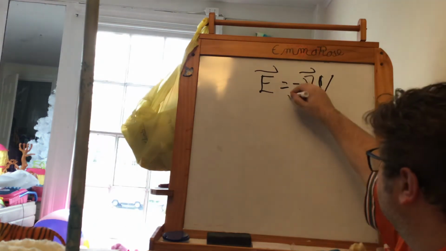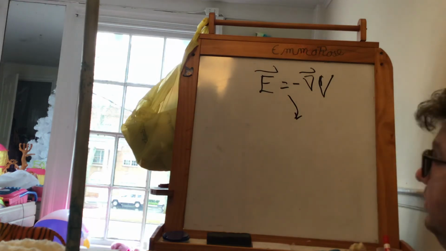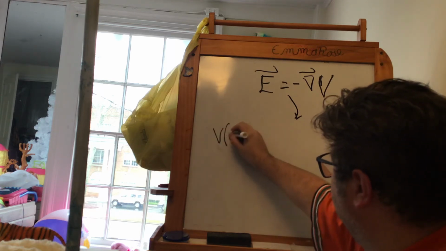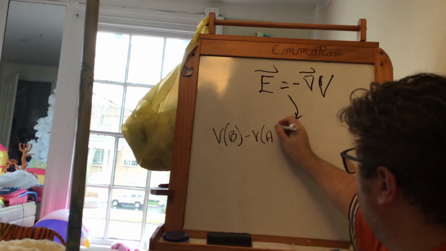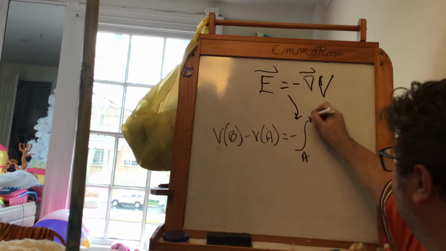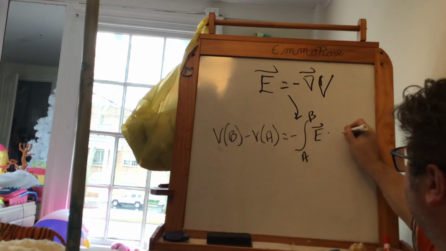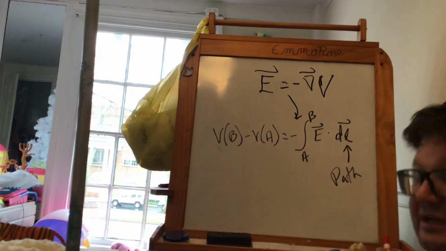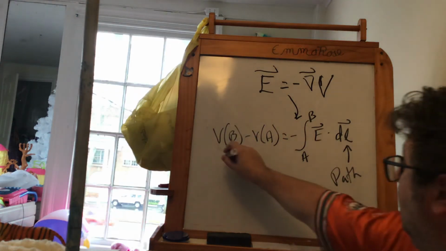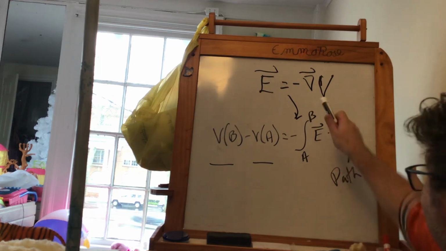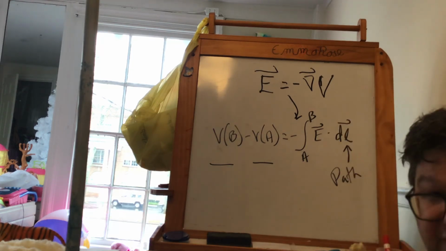Which turns into the fundamental theorem of calculus, which is that this becomes V_B minus V_A equal to minus the integral from A to B of E dot dl, where this is the path, right? And it only depends on the endpoints B and A. So this can be proved by taking this and plugging it in and applying the fundamental theorem of calculus.